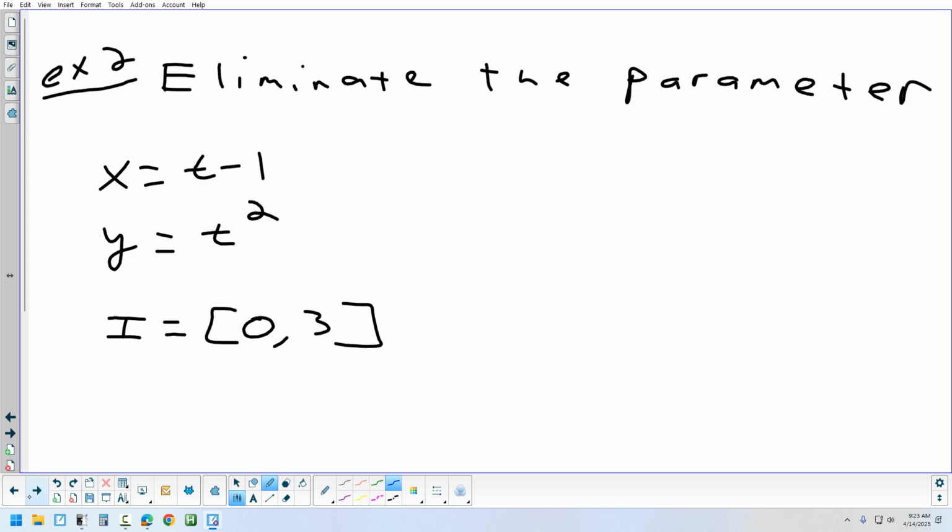Let's try to eliminate the parameter here. So I'm looking for an equation, and I'm looking for a restriction on the domain. The only way you would not have a restriction when you change it is if that was -∞ to infinity. That's different. Now you're saying you can plug in anything you want. Okay.